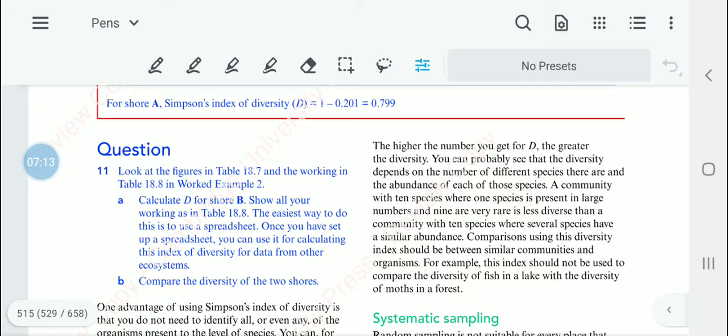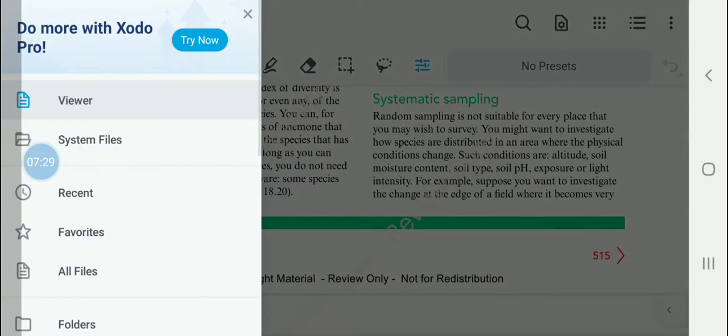Leave a line and write: biodiversity does not only depend on the number of species, but also their abundance. Next topic is systematic sampling.